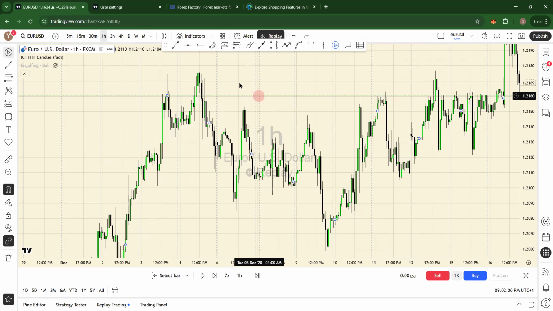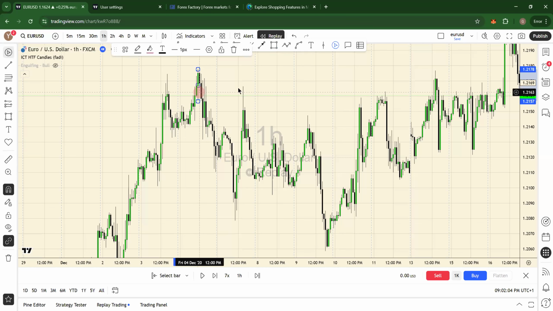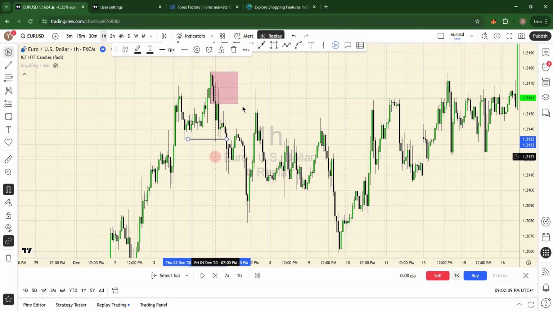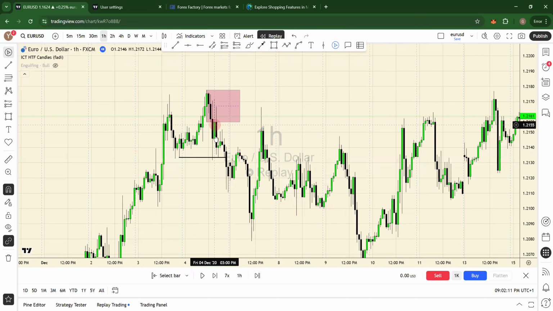Now this is a mitigation here. Look at this. This was our last up close candle, right? Before price went down, breaking structure. But now you notice that within that move, there was a candle that went back in and respected that candle. So that bullish candle now is our mitigation block. Price comes back to it and it sells off.